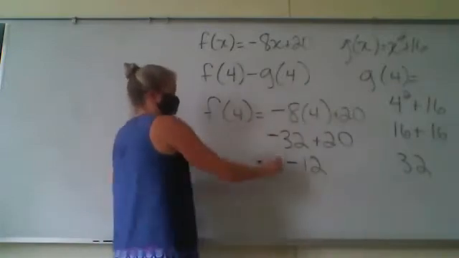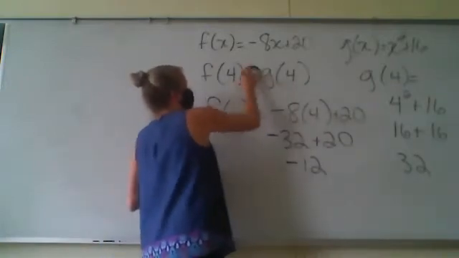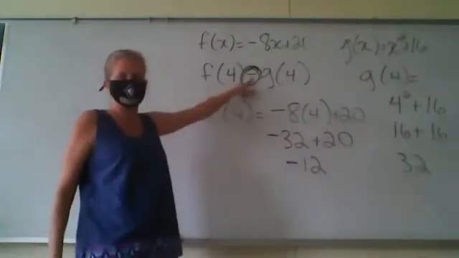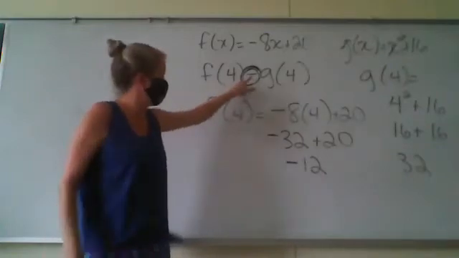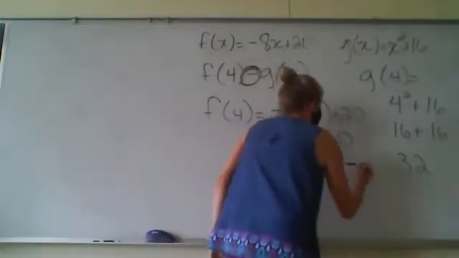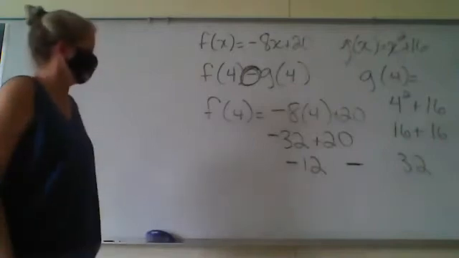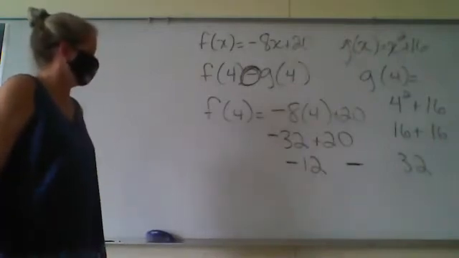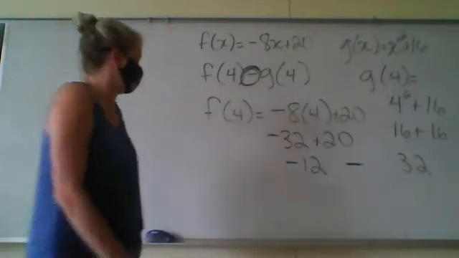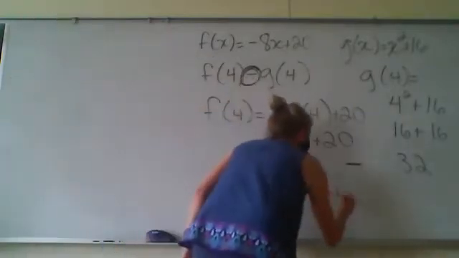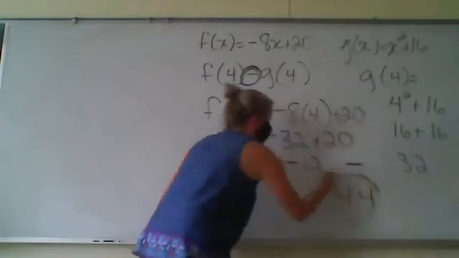So again, get your 2 solutions and then do whatever the mathematical operation says to do between here. So it says to subtract. And negative 12 minus 32 gives me negative 44.